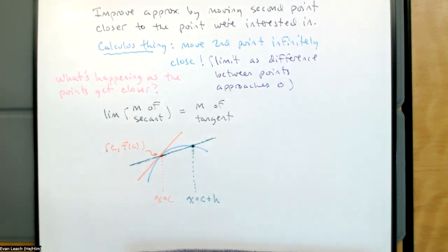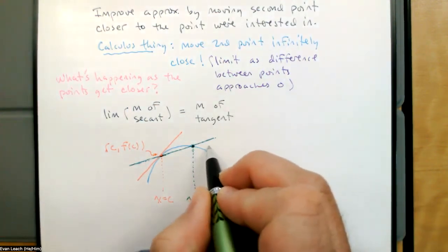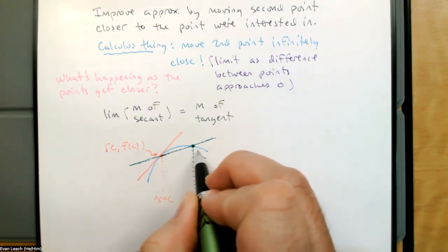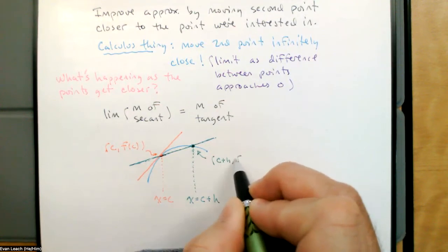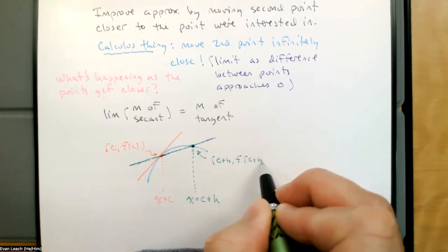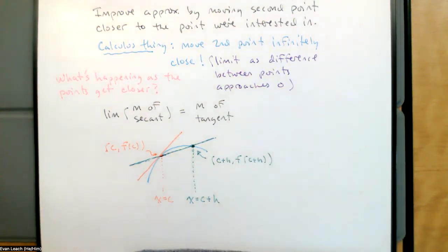So the coordinates at that point are c plus h comma f of c plus h. And I want to find the slope of the line between those 2 points.